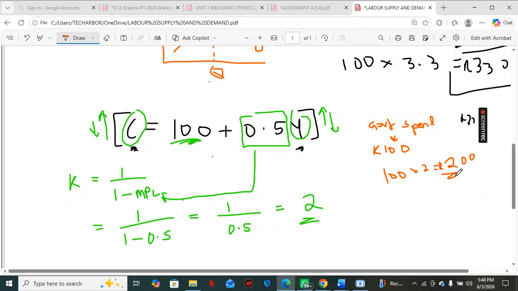Now remember the national income identity, where we said income is equal to expenditure, which is equal to spending, which is also equal to output.